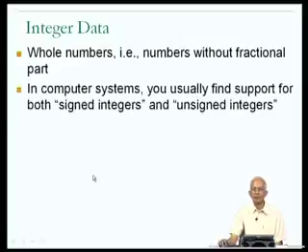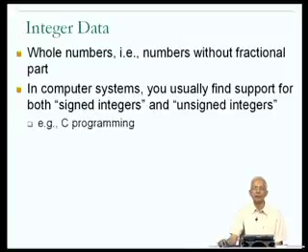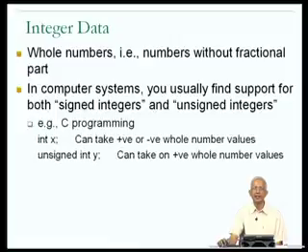Now, in computer systems today, you usually find support for both signed integers as well as unsigned integers, and therefore you may be familiar with this idea. For example, those of you who have programmed in C may have come across this concept, the idea that I could declare a variable called x to be an integer.